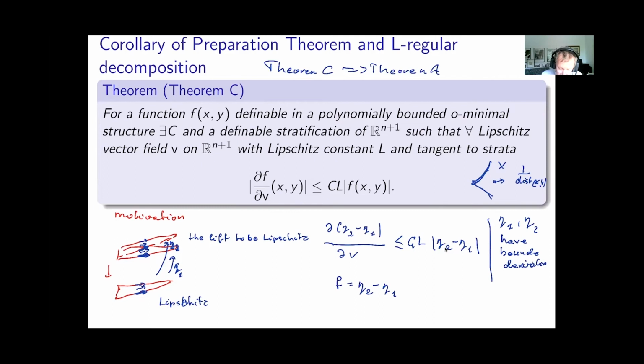And because of the universal constant, you get the result.